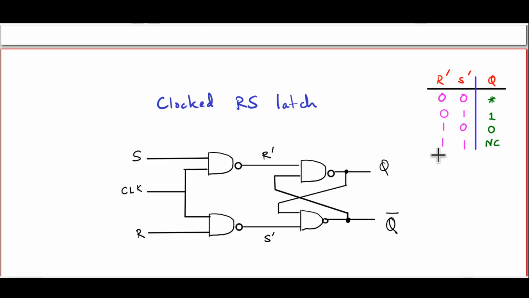It depends on which of the gates is faster and so on. And that, as we have already said, is something we would want to avoid. But now, let us look at what the clock signal does. The clock signal here is written by this abbreviation CLK, and this clock signal is given to both of these two NAND gates.